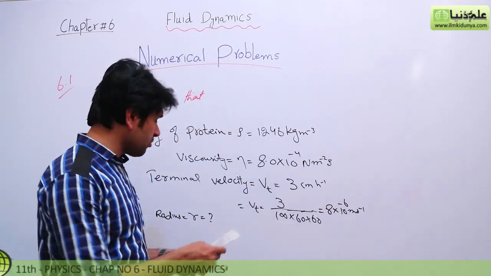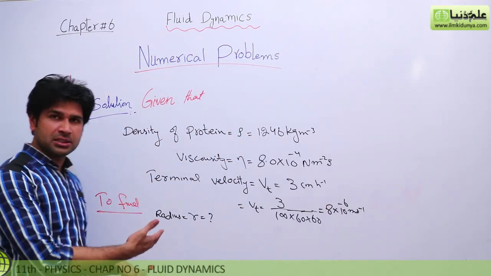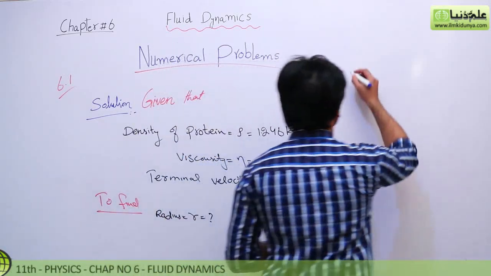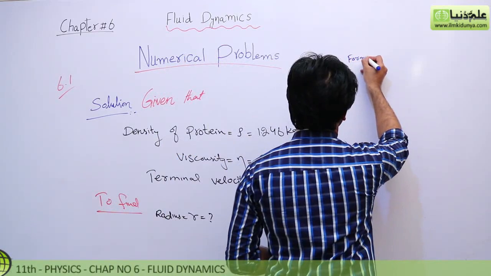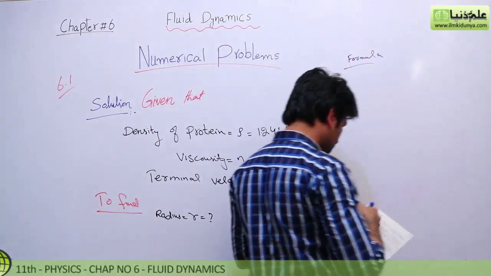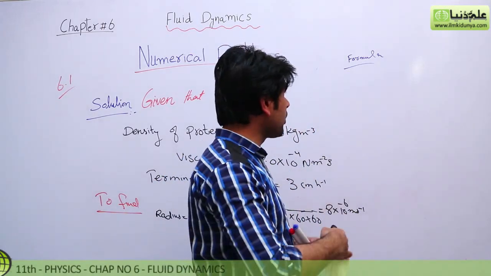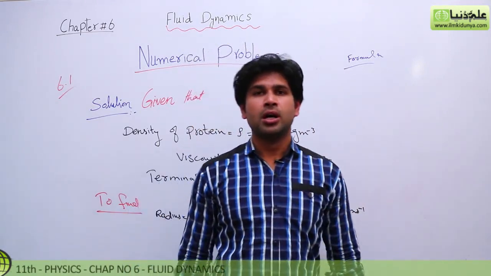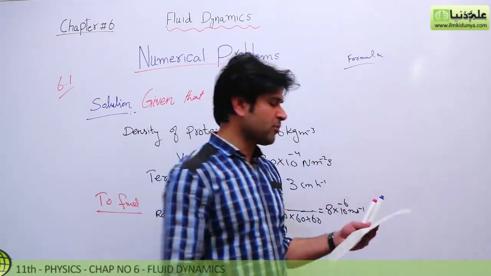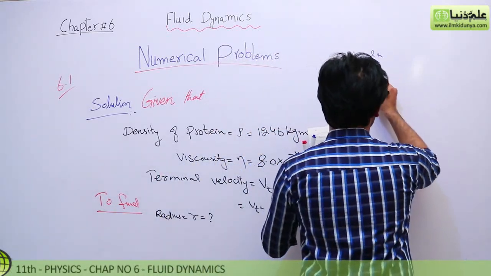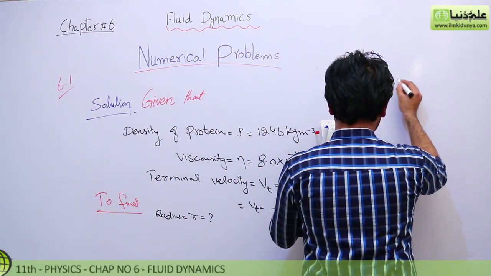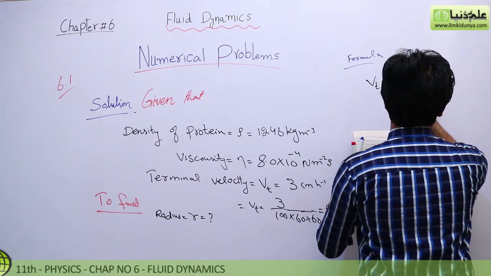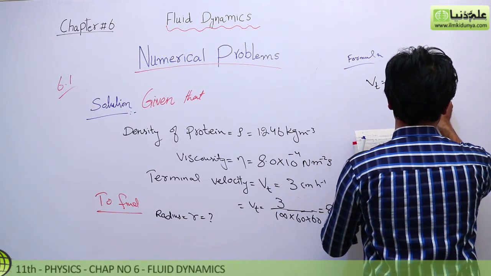Next, we have to find the radius of this globular protein, and I am going to write the formula to solve this numerical problem. Students, we have read about the terminal velocity. We have derived the relation of the terminal velocity in our chapter 6, which is given as terminal velocity Vt equals 2g r square rho over 9 eta.